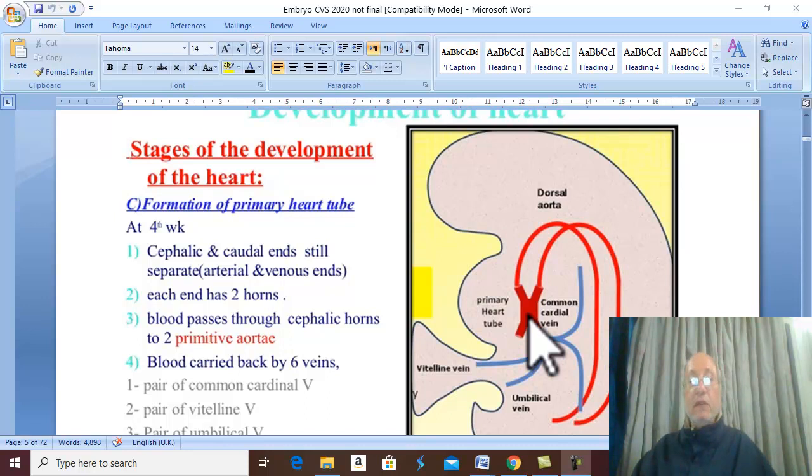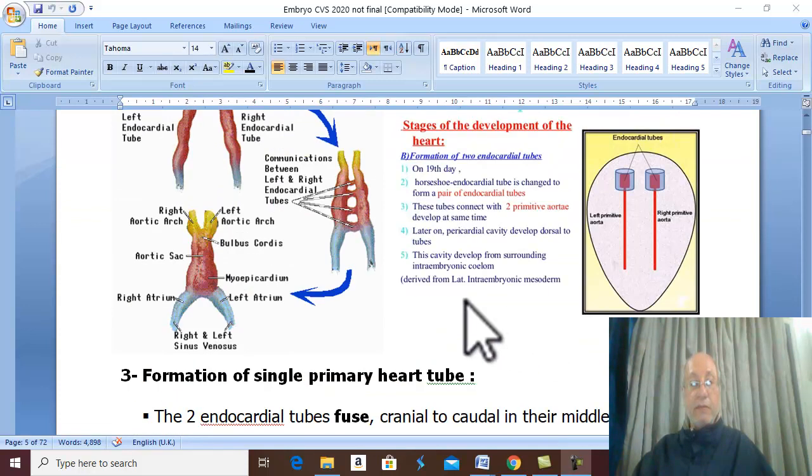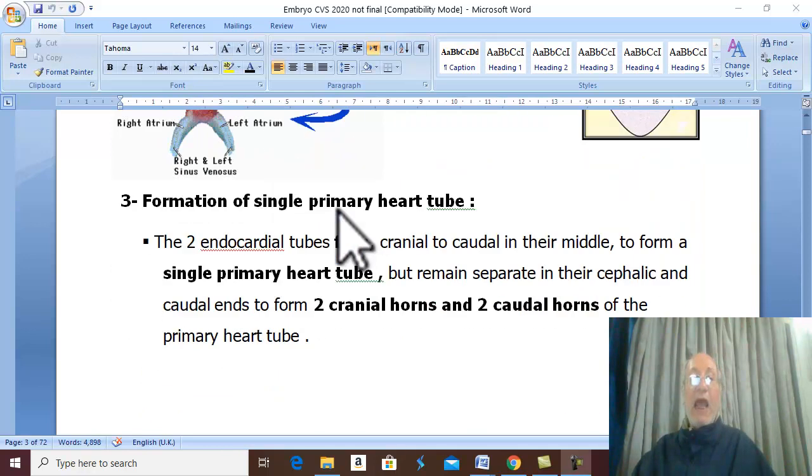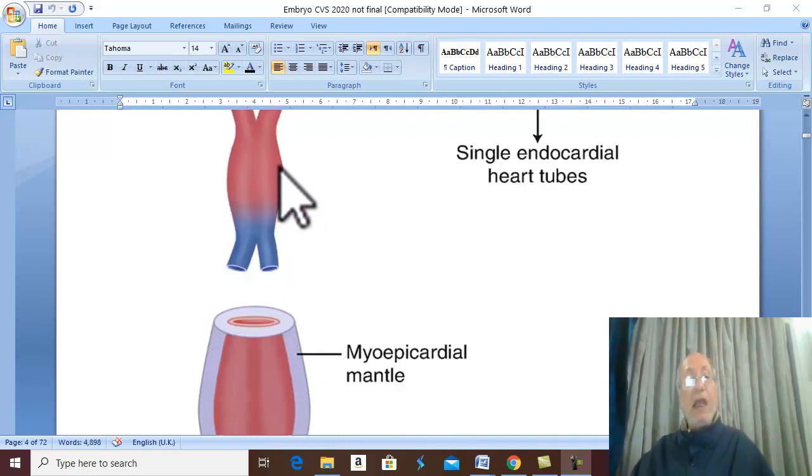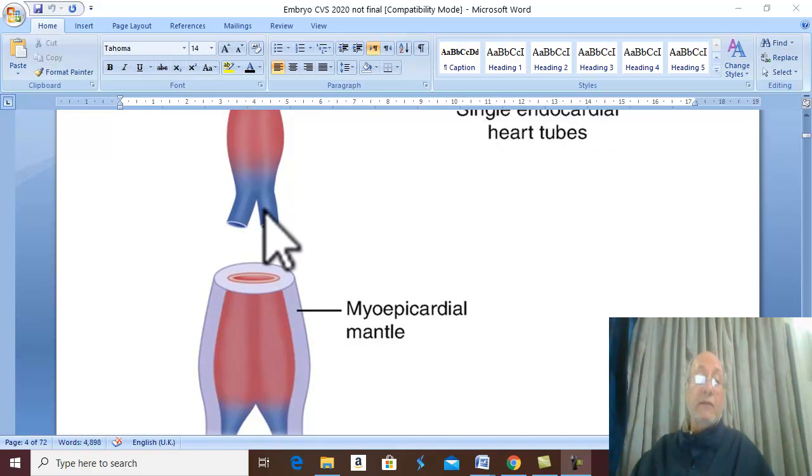The two endocardial tubes meet each other in the midline, and finally the two endocardial tubes fuse in the middle part from cephalic to caudal, but the two cephalic ends remain separate, forming two cephalic horns, and the same the two caudal ends of the endocardial tubes remain separate to form two caudal horns.